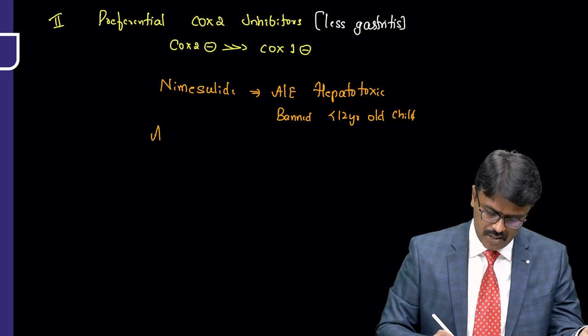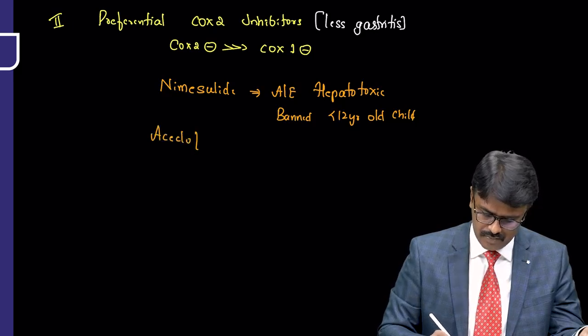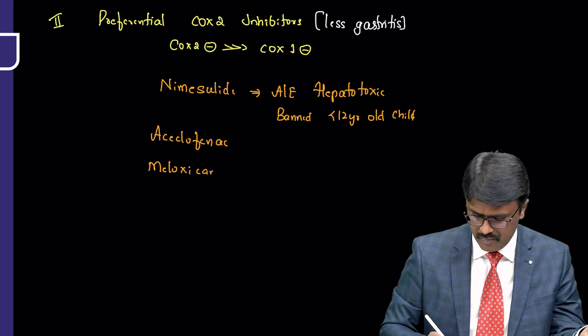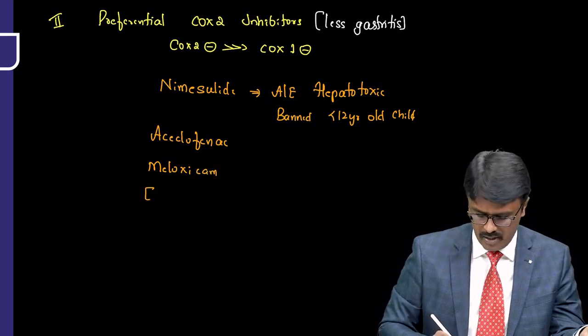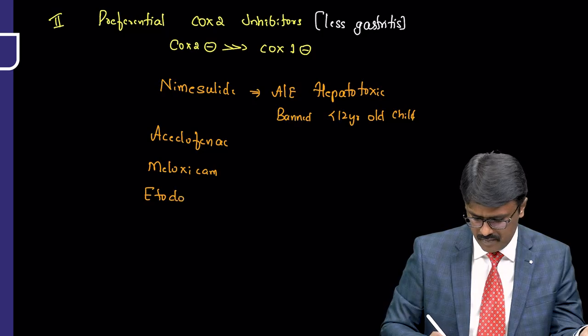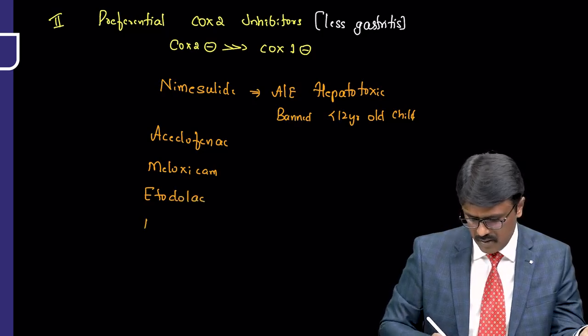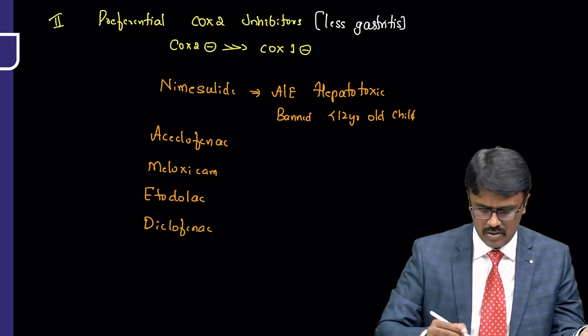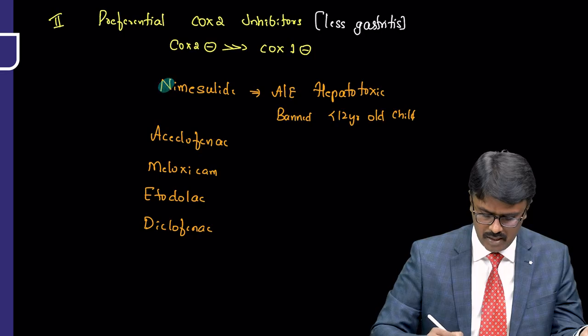Then we have aceclofenac. Then we have meloxicam. Then a drug called etodolac and a drug called diclofenac. So you can remember by the mnemonic NAMED.